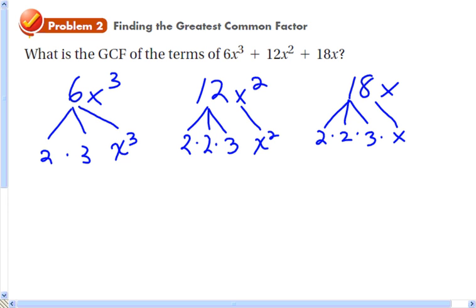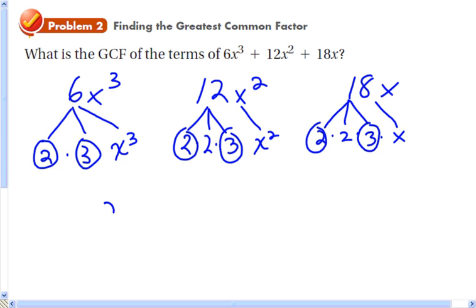So now as I look at these numbers, 2 and 3, what we have in common for all of these is 1 factor of 2 and 1 factor of 3. So in my greatest common factor, I'm going to have a factor of 2 and a factor of 3. Then if you think about the x, this is x times x times x. This is x times x.